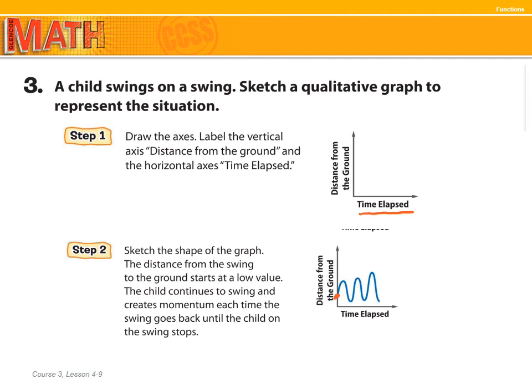Then when you swing, you go up, come back down, up. Notice it's never touching the ground. It just continues. Sometimes you might go higher. I can continue this, go smaller, as long as I want, but the distance from the ground is not actually ever going to hit this axis because the swing never touches the ground.